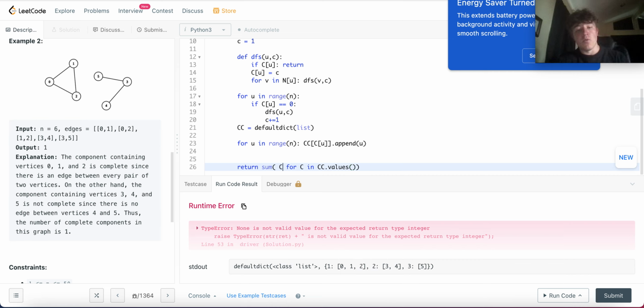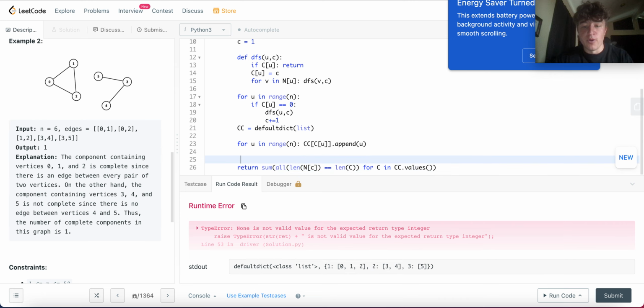And then we'll say, well, in order for it to be a complete connected component, the number of neighbors for each element has to equal the length of the connected component minus 1, right?